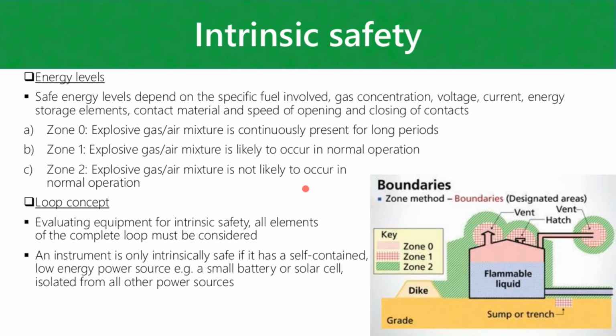And then zone 2 is where the likelihood for your gas air mixture to occur is very unlikely. There's also a picture to describe what zones 0, 1, and 2 are. You can see your different types of hazardous area.